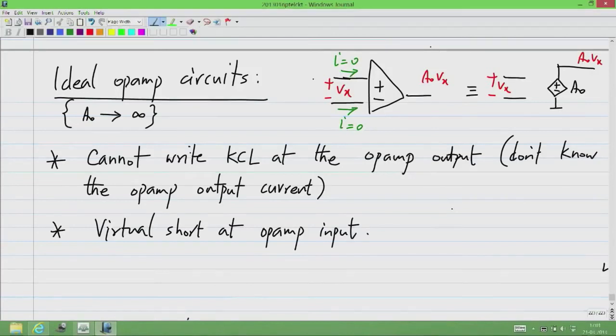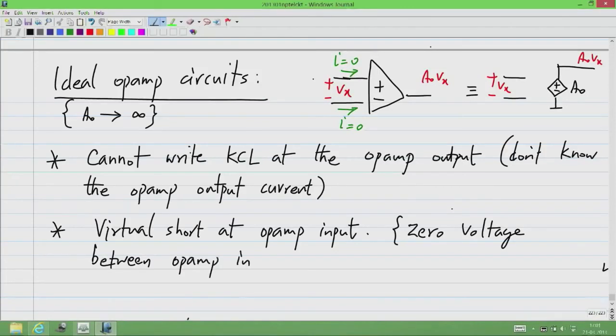Okay, so that is the two inputs of the op amp have 0 voltage between them. Okay.